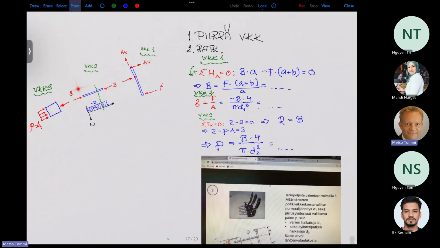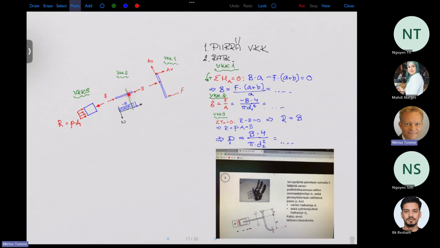And of course, at the other end of this connection rod there must also be the same force P, because otherwise the connection rod moves in the direction where the support reaction is bigger.